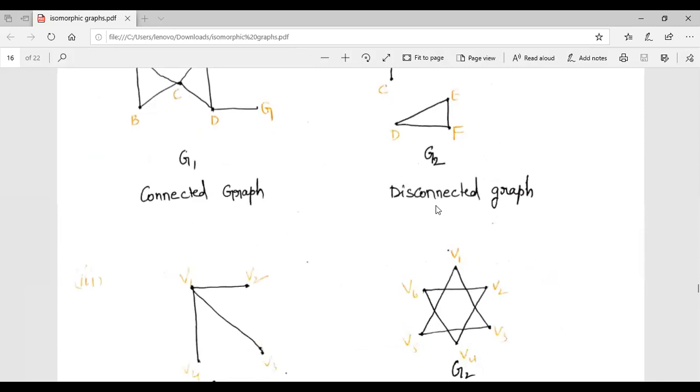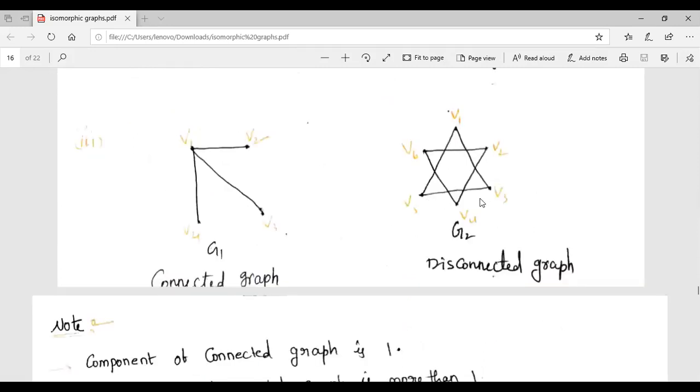Also in the star graph, the number of components of G2 is 2, because V1, V5, V3 is one component, and V2, V6, V4 is one component. So the number of components of a disconnected graph is more than 1, but for a connected graph it is always 1.